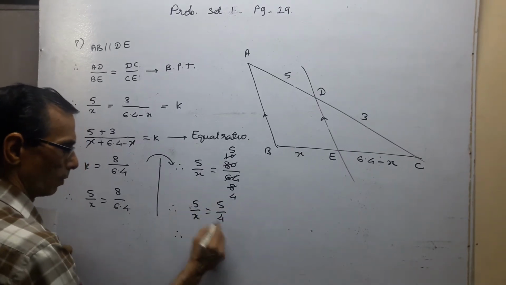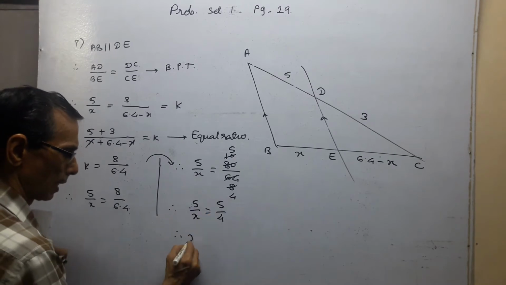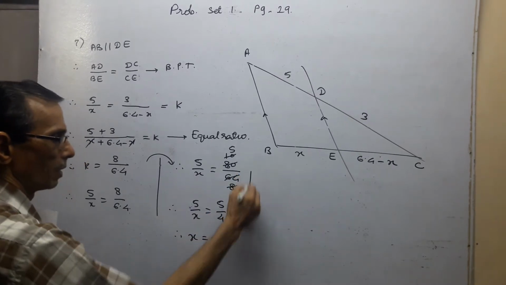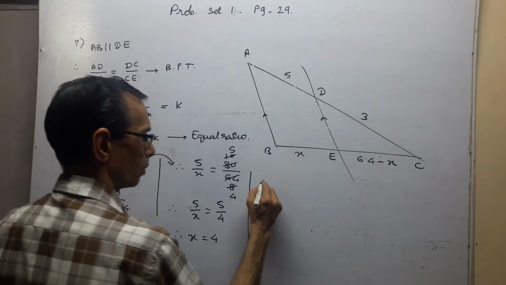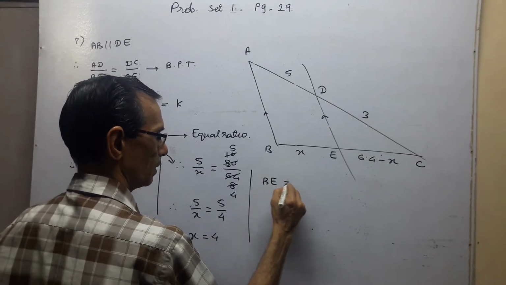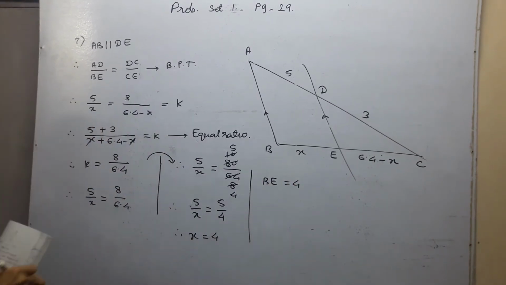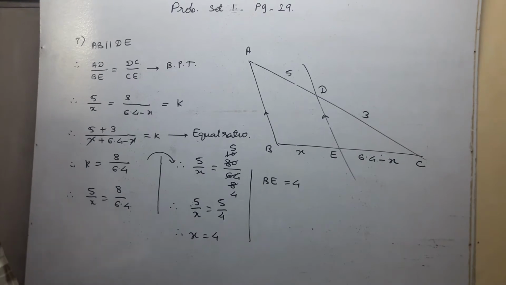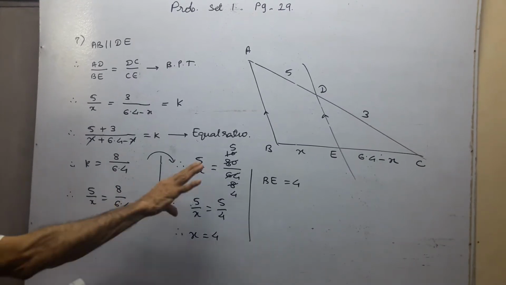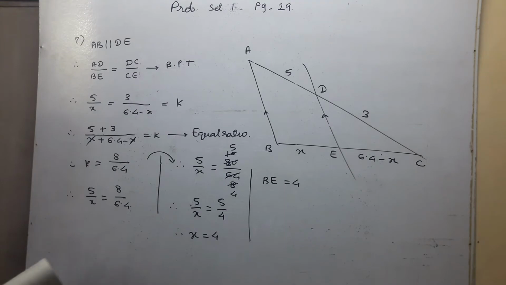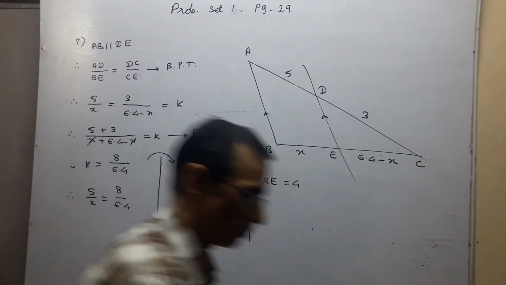So by cross multiplication we get 5 cancel and x equal to 4. So we got x as 4. See the method here, right? We have taken the equal ratio theorem instead of cross multiplication. This is an easy method.